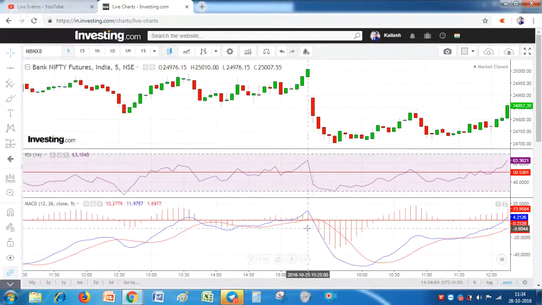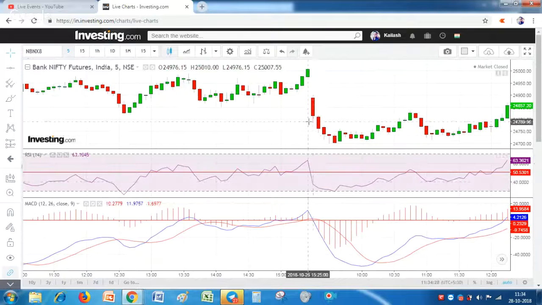And you could see the signal of MACD. MACD has also given us a sell signal in the very first candle. In the very first candle, the MACD has shown that it's weak, and there is a bearish crossover. Even RSI also showed that the stock is weak.